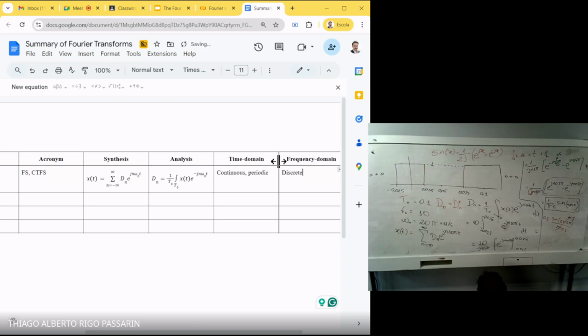So one relevant fact that you should take for life: the spectrum of a periodic signal is discrete. Is it periodic? No. Aperiodic. Are there periodic spectra? Yes, there are. We will see them soon.